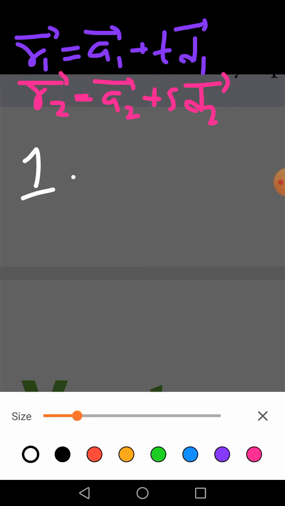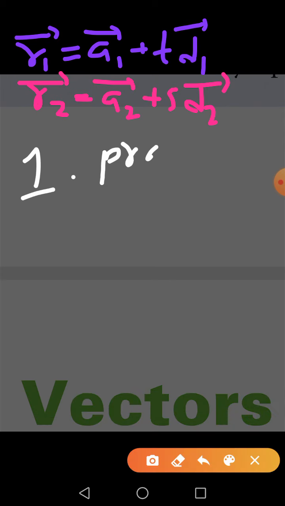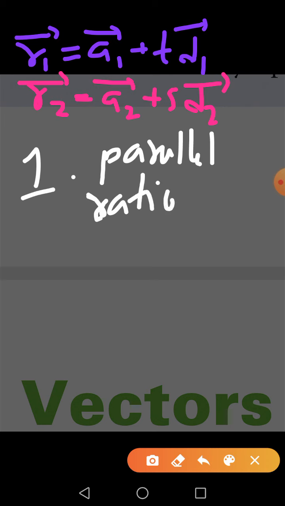Whether the two vector lines are parallel, you have to find out the ratio of x values, y values and z values.